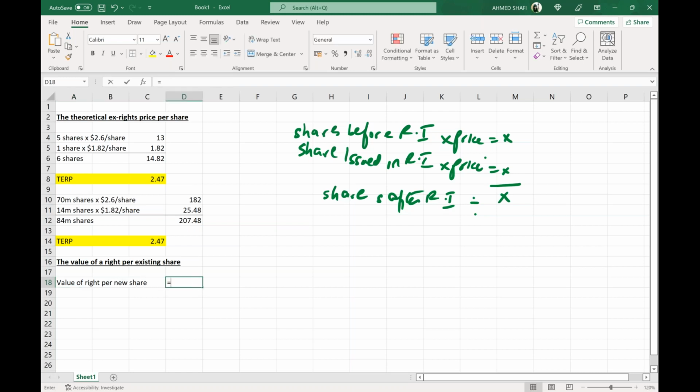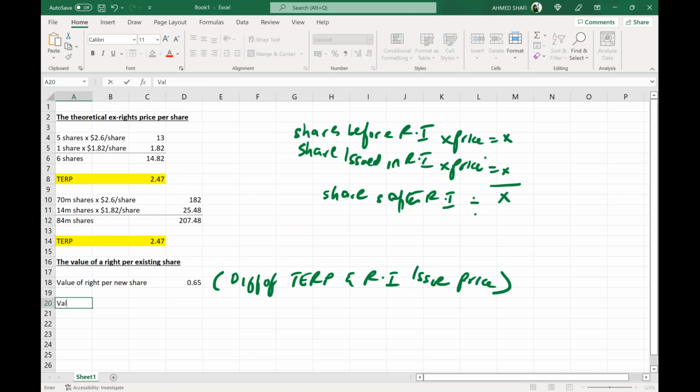Now, value of right per new share is simply the difference of TERP 2.47 minus the price of right issue 1.82. This is called value of right per new share, the difference of TERP and right issue price.